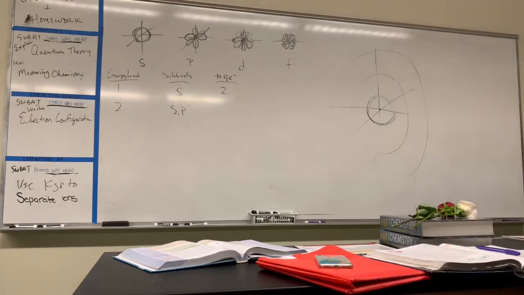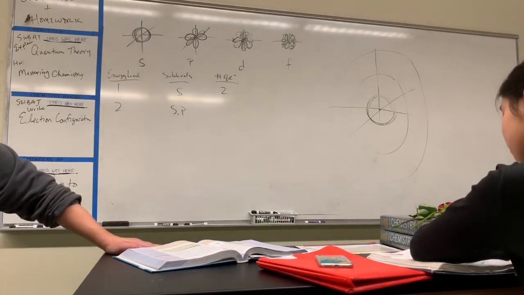Because why? Do you understand it? How many electrons can the second energy level hold? Andrew. Why? Because it has a sublevel S and a sublevel P. There's 4 orbitals between them, and each orbital can hold 2, so it's 8 electrons. There you go. See what I'm saying? I need you guys to understand this. Yes?